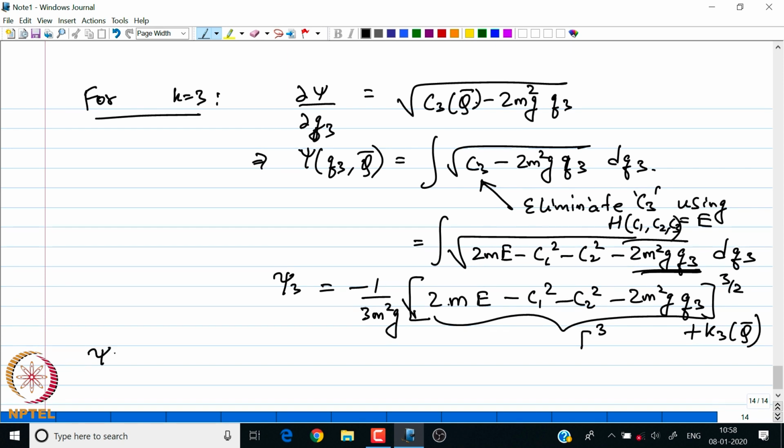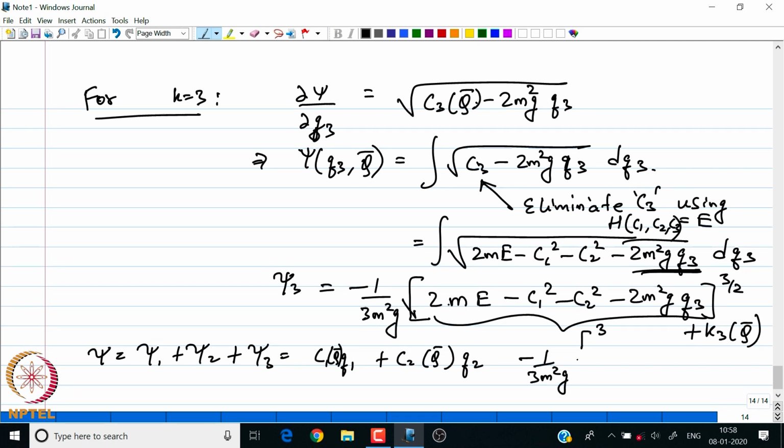So finally my solution psi is psi 1 plus psi 2 plus psi 3, and these are nothing but C1 of Q bar times Q1, plus C2 of Q bar times Q2, plus, in the third expression, minus 3m square g of gamma cube plus k of Q bar.